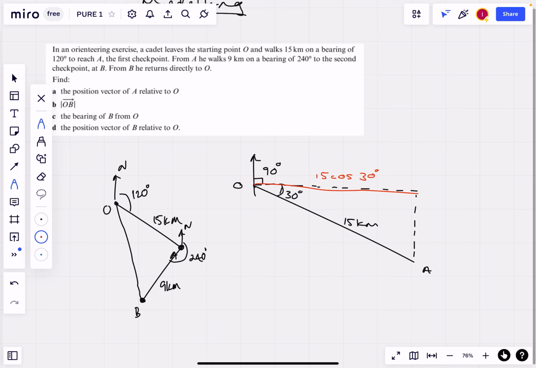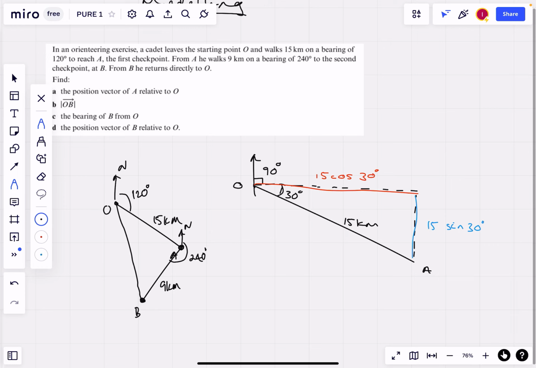If I want to express the adjacent, I do hypotenuse times cos angle. If I want the vertical component, which is this blue part, I'm going to do 15 sine 30 degrees, because sine is opposite over hypotenuse. So to work out the opposite, I do hypotenuse times sine angle. So 15 times sine 30.